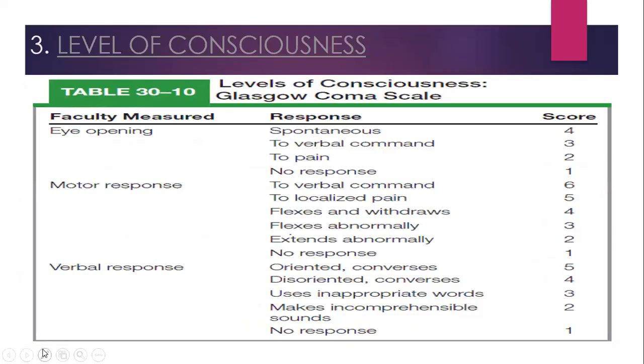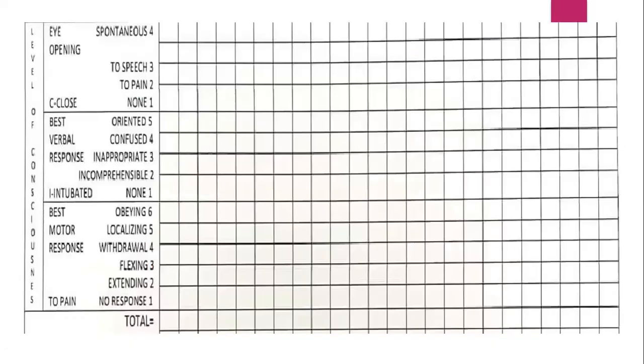Okay, so let's continue. Now, in your Glasgow Coma Scale, na-discuss na natin to. You just have to tingnan kung ano yung response ng patients to the level of consciousness. Hindi ko na-explain ito kasi na-explain naman siya. Now, merong iba-ibang ways to answer this.